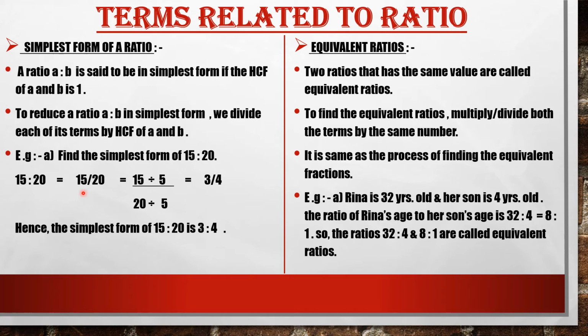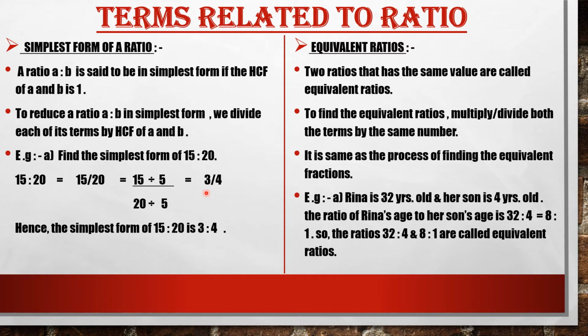Find the HCF of both the terms 15 and 20. The HCF of 15 and 20 is 5. Now divide both the numerator and the denominator by 5. 15 divided by 5 whole by 20 divided by 5 gives 3 by 4.